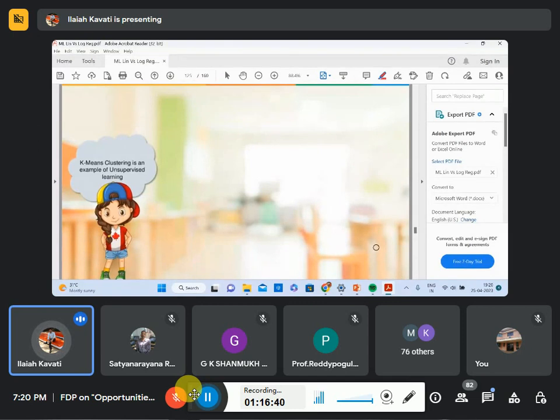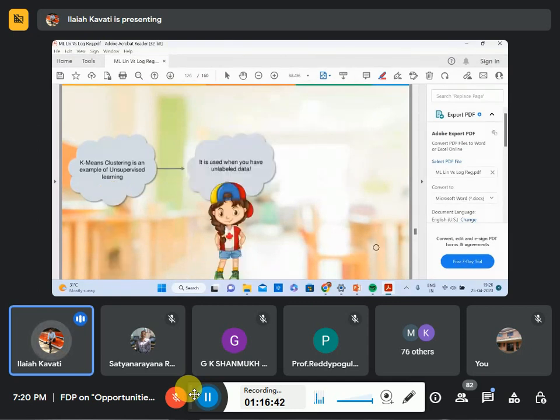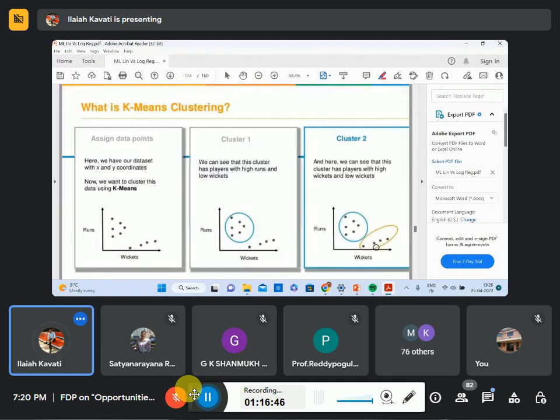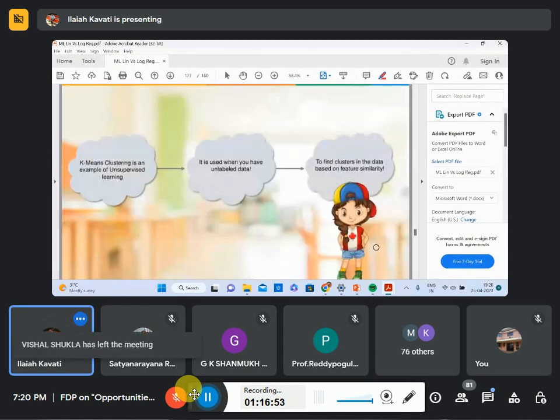K-means clustering is an example of unsupervised learning. It is used when we have unlabeled data, right? Here we have no labels. We have runs as well as wickets. So we find clusters in the data based on feature similarity. What similarity do we use here?